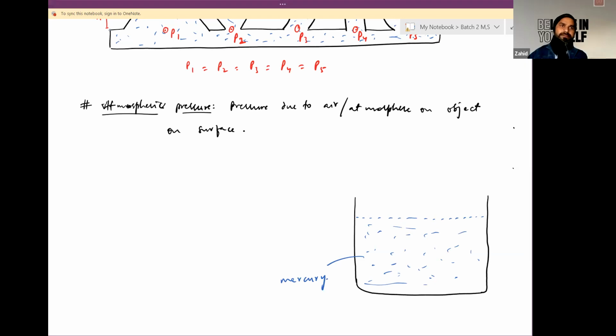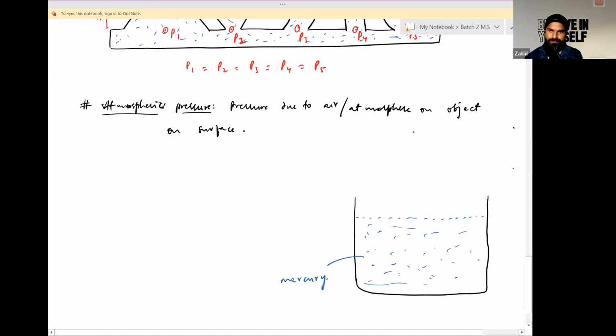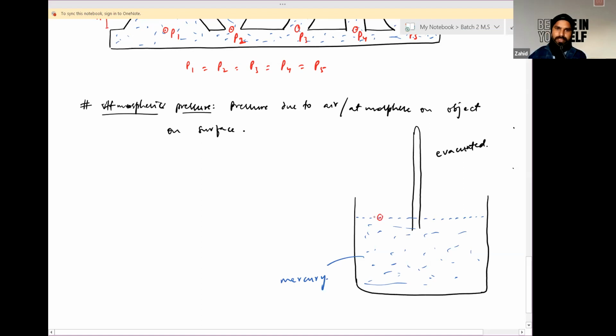Now suppose an inverted tube or capillary tube is inserted like this, which is initially evacuated, which means there is no air inside it. Now, suppose this is point A and this is point B.